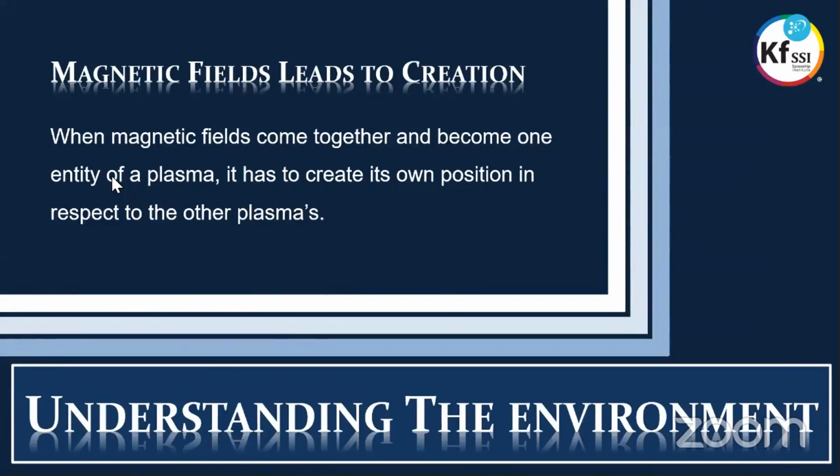That entity, if we imagine it as a magnet, now has to interact with all the other entities around it. Due to its strength, it has to find its position amongst all the other plasmas around it. That's essentially what we are trying to explain in that sentence.